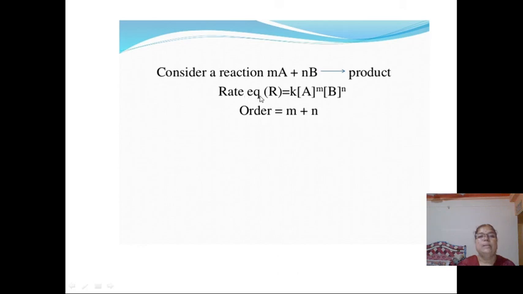Then we can write the rate equation as rate equals K into concentration of A raised to m, because we have m moles of A and m is the coefficient of this A, into concentration of B raised to n, where n is the coefficient of this B. Therefore, the total order of this reaction is equal to the sum of the powers of the concentration terms in the rate law equation.